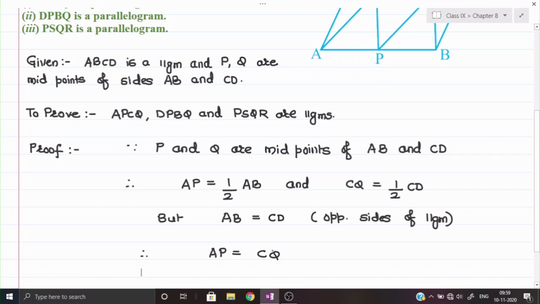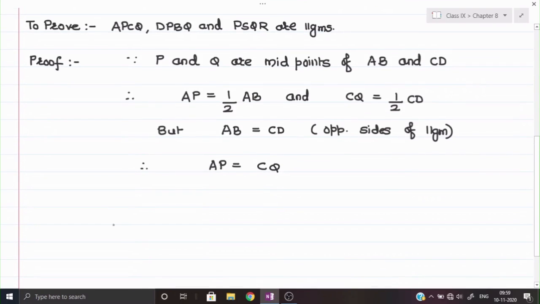Now one more thing we have, we can write down here also: AB is parallel to CD. So since AB and CD are parallel, it means that AP is parallel to CQ.